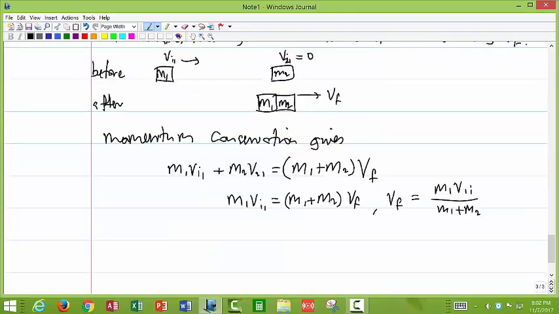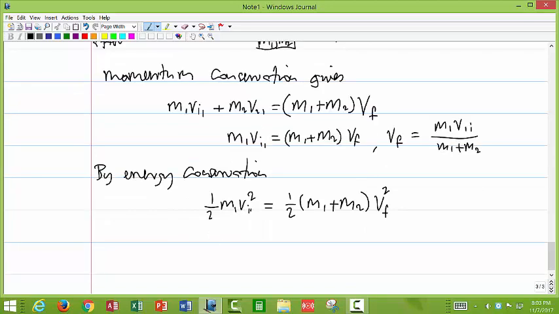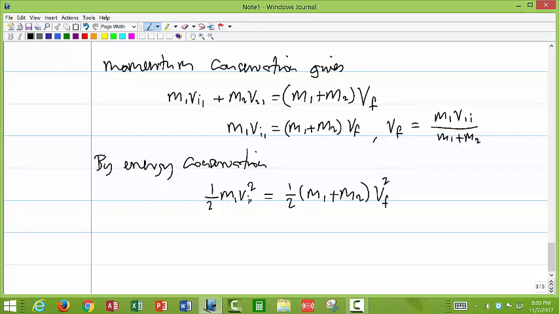And then by energy conservation, we have half m1 v1 initial squared equals half (m1 plus m2) v final squared. So what we can do is see what happens here. We know a formula for v final. We can plug it in there to see what happens, or we can put some numbers in.